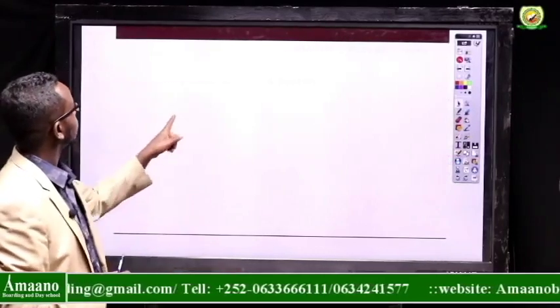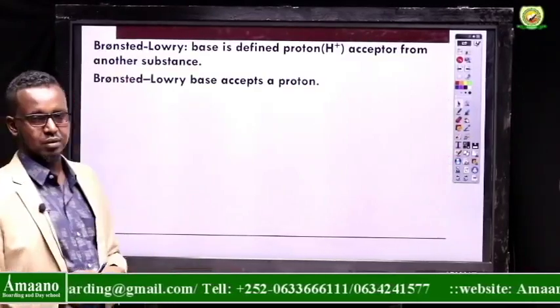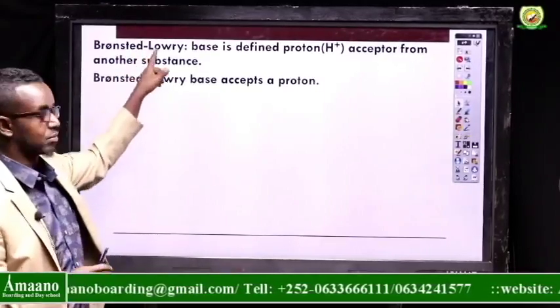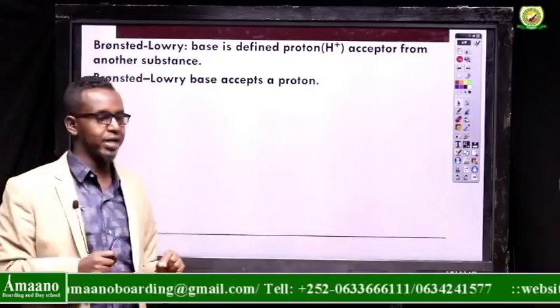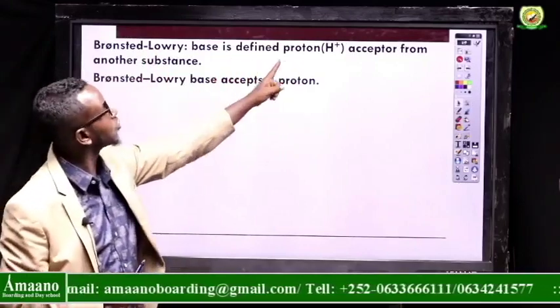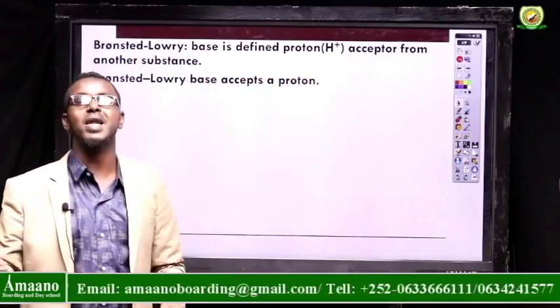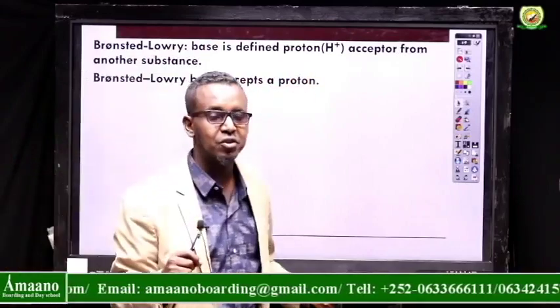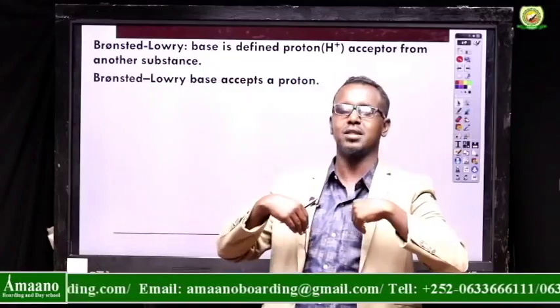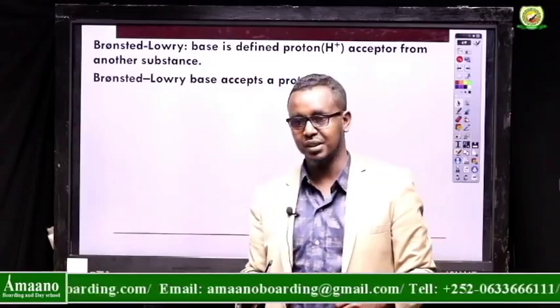What about Bronsted and Lowry? There are two different people, but they agreed on one definition. They defined a base as a proton acceptor from another substance. Proton means hydrogen ion. So any substance that accepts hydrogen ion from another substance is called a base.